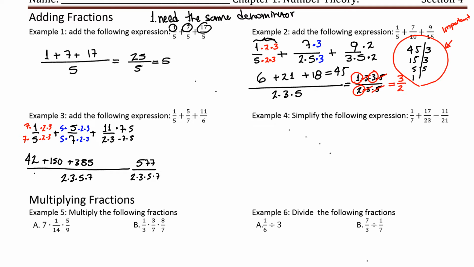We know it's not divisible by 5 because it doesn't end in 5 or 0. And it's not divisible by 7. So it turns out that this is the simplest form. So we just need to put the numbers together. So we have 6 times 5 is 30 times 7 is 210. That's your final answer.